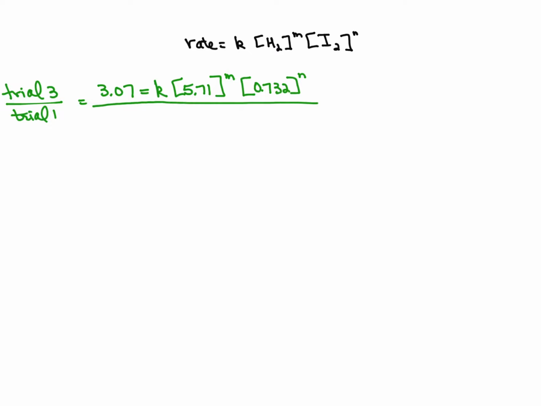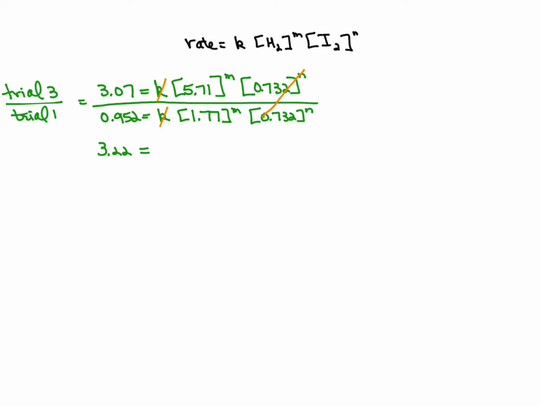Divide that by trial 1: rate equals K times the concentration of H2 to the power of m times the concentration of I2 to the power of n. Okay. My I2s cancel out, my K's cancel out. So now what I'm going to do is divide 3.07 by 0.952. This gives me 3.22.